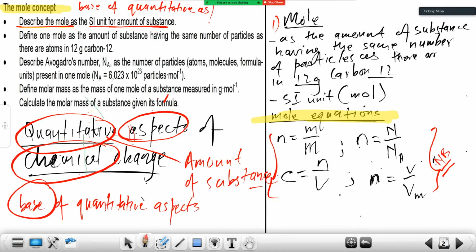In grade 10 is what we did, we used these equations, and after using these equations, that was the basic quantitative aspects of chemical change. But we still need this information from grade 10 in order for us to do what? In order for us to build into the grade 11 content.